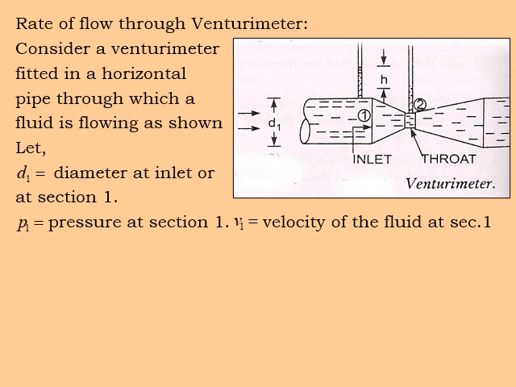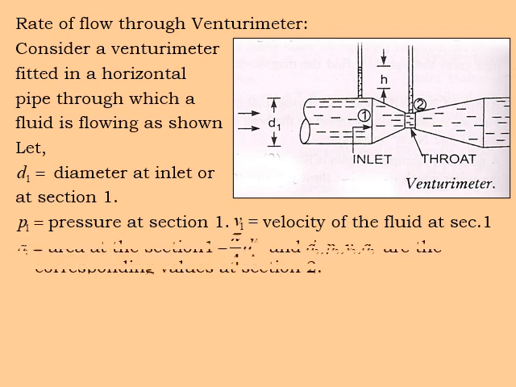V1 is the velocity of fluid at section 1. A1 is the area at section 1, calculated using the formula pi d square by 4. Similarly, D2, P2, V2, A2 are the corresponding values at section 2, that is the diameter, pressure, velocity and area at section 2.